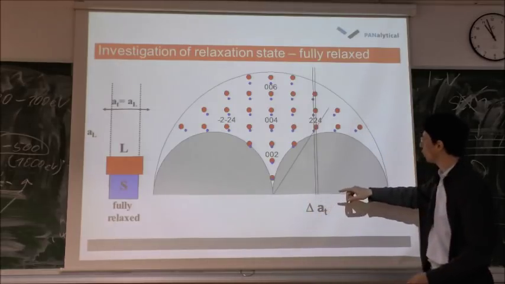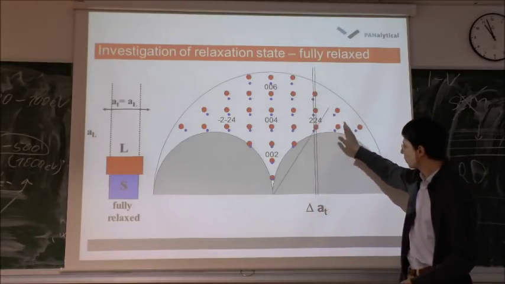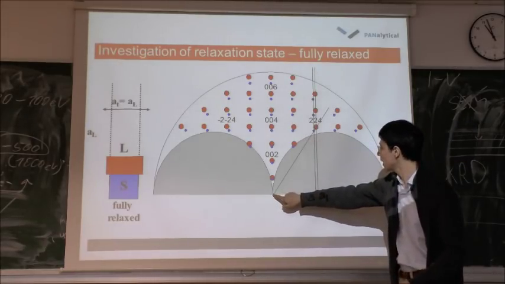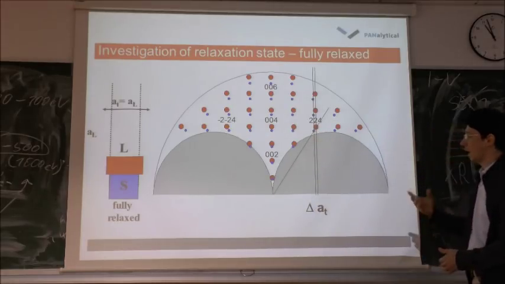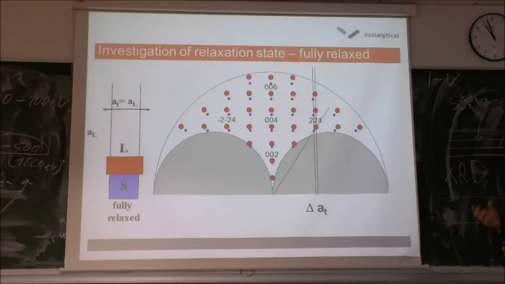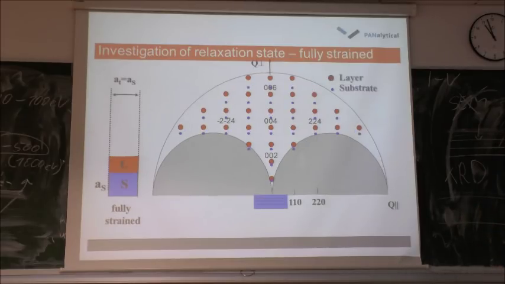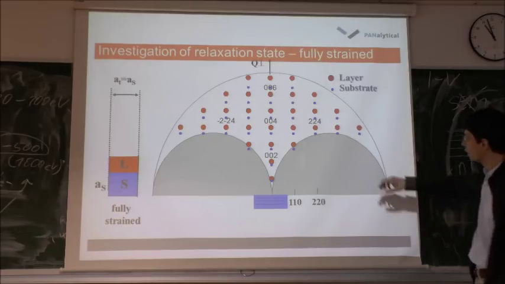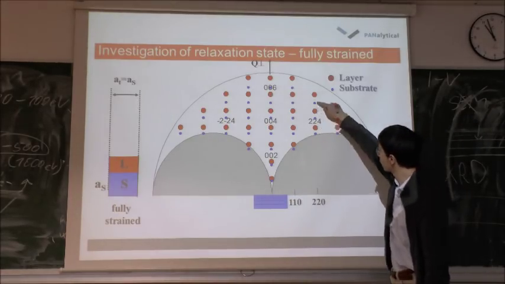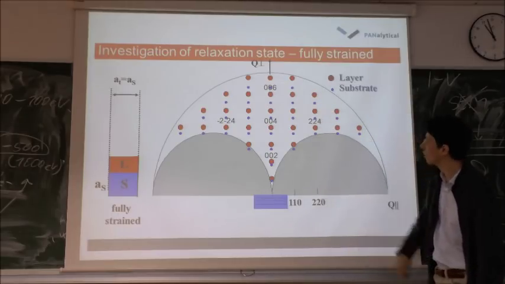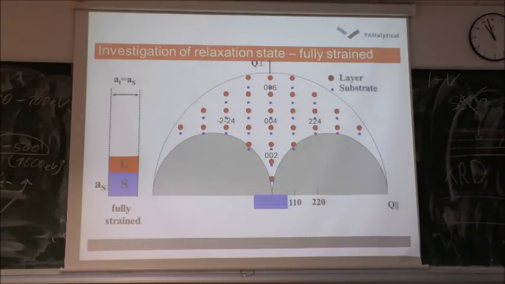But then if you connect the symmetrical peaks with the origin of the RSM, you observe that these two points are in the line. And that means that your film is relaxed. In case the films are fully strained, then if you draw a line, they are not on the line, but they are in the line which is perpendicular to the RSM.